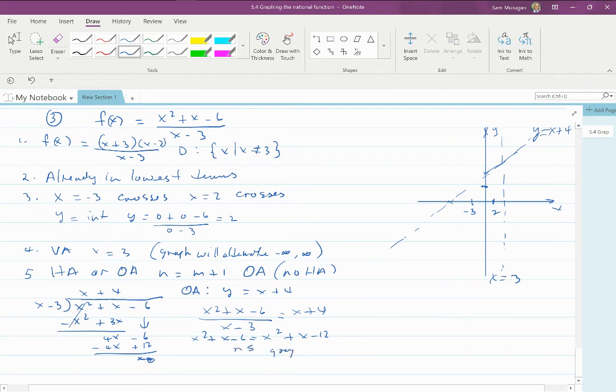So the graph does not intersect the oblique asymptote. So we're ready actually to sketch this graph because if it doesn't intersect the oblique asymptote, the only way it can go is like this. I don't like how that looks. So pass through here, alternate on this side, and then it can't go this part because it will intersect the oblique asymptote there. So the only outer part of the graph is that part.